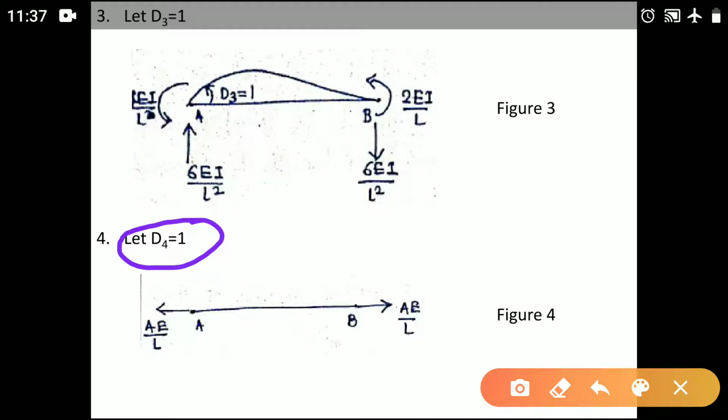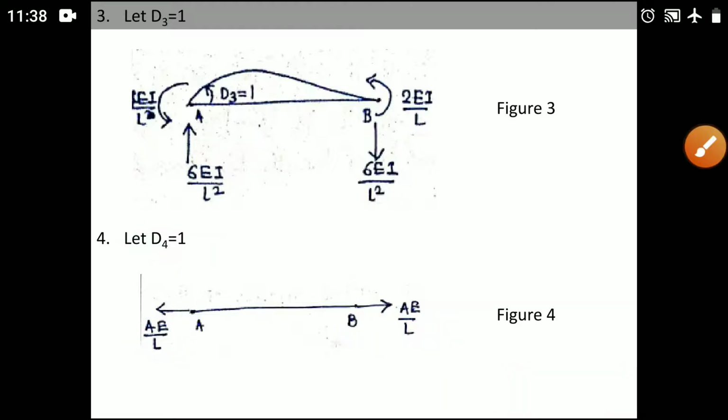D4 means horizontal displacement at joint B, at node B. When we give the horizontal displacement in x direction at node B, the stiffness generated, that is force in horizontal direction in positive direction, is AE upon L, and the same force in opposite direction at the other node is generated, that is AE upon L in left direction. This is because of giving horizontal displacement at node B. Step number 5.